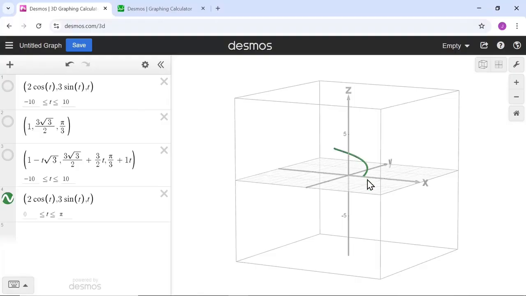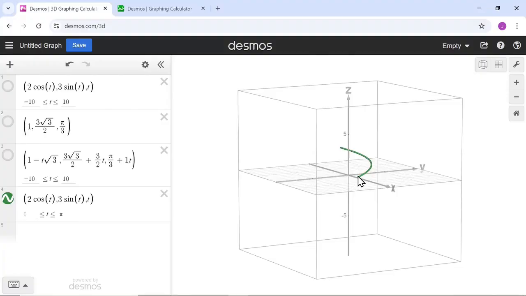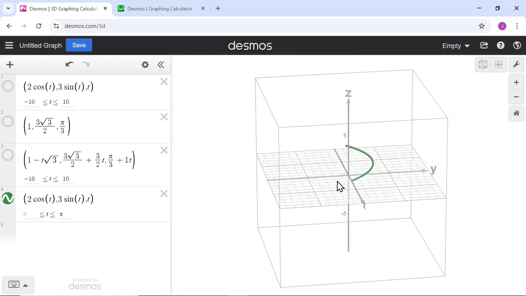So if we took this green little piece out of our bigger graph, we're asking how long would this green piece be? In other words, if I have a string that goes from here along the z and stops here, how long would that string be?